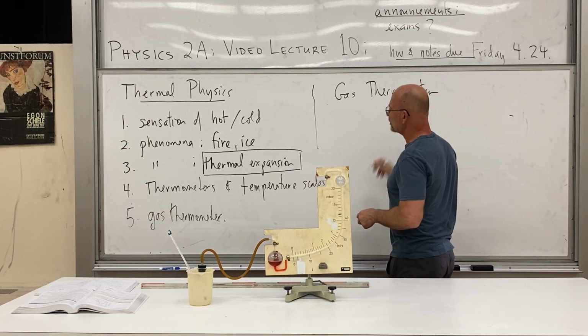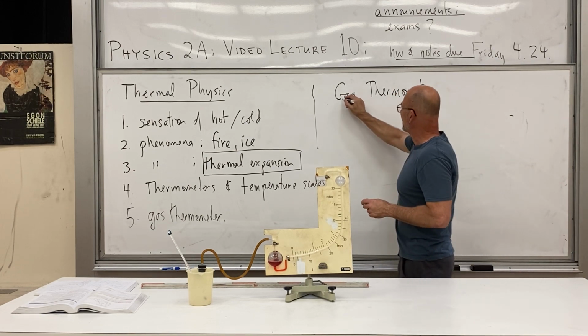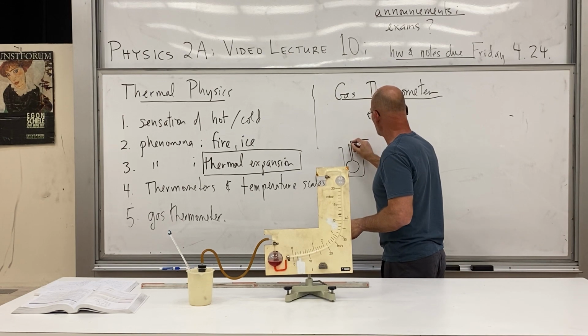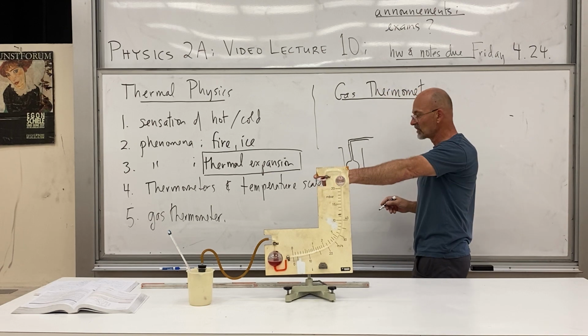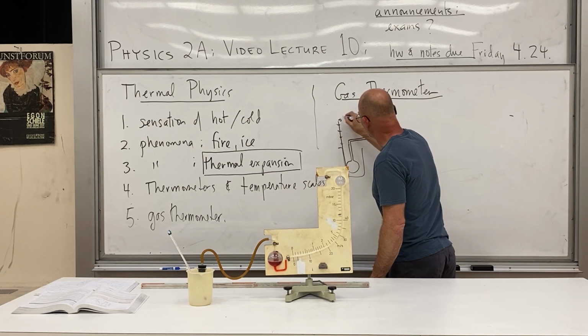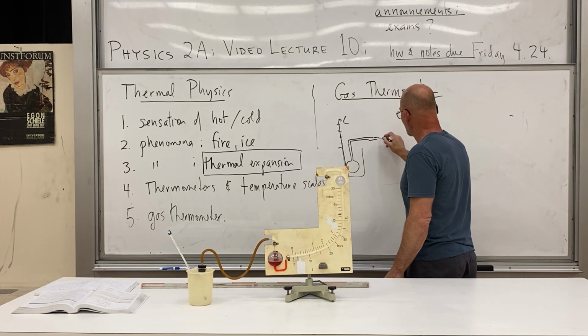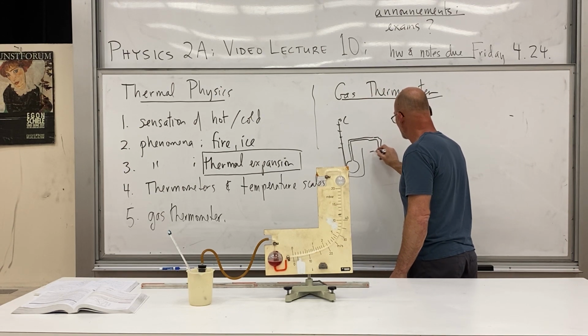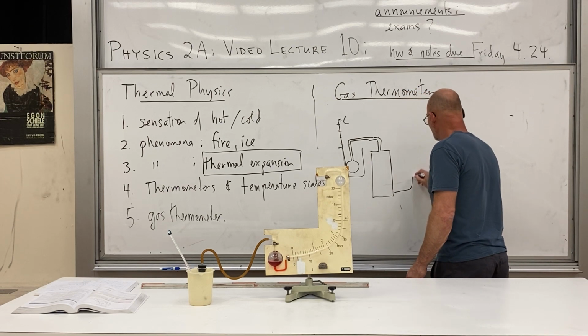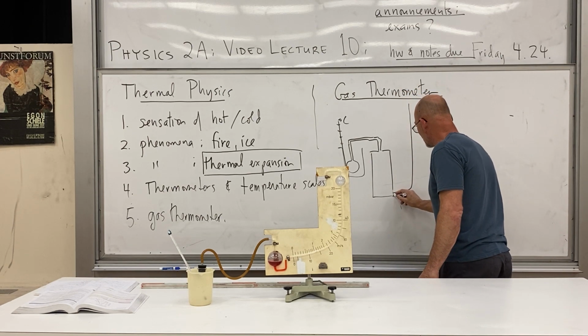The section on gas thermometer, I can't leave it out altogether, so I want to do a bit of this discussion. Okay, so you've got the gas thermometer. Here's your beaker with this bulb over there, and we have a thermometer sticking out that we can measure the temperature, and we bring it to another object here. So this is a schematic of our gas thermometer.